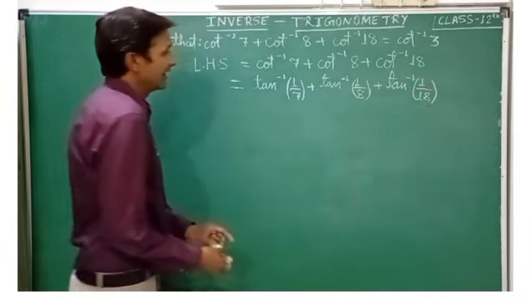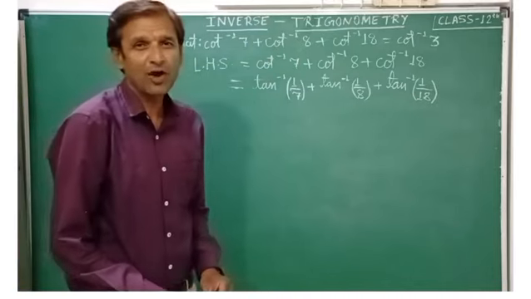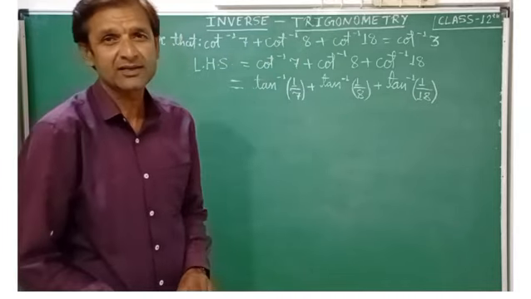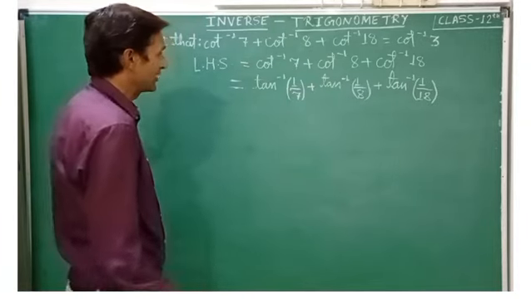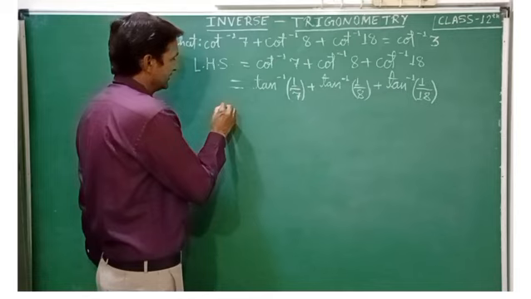So it is tough to apply the formula of tan inverse x plus tan inverse y plus tan inverse z. So we are applying here the formula for tan inverse x plus tan inverse y.